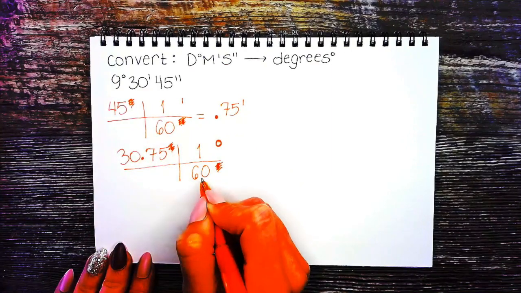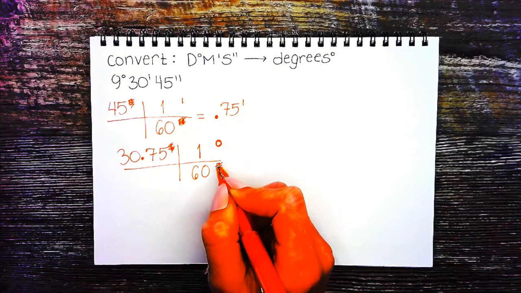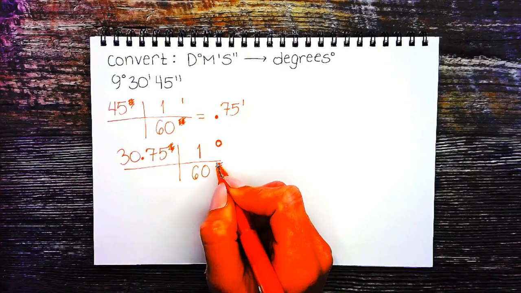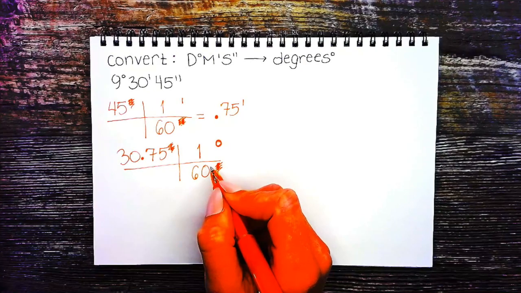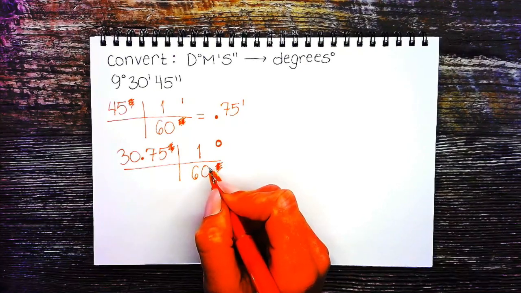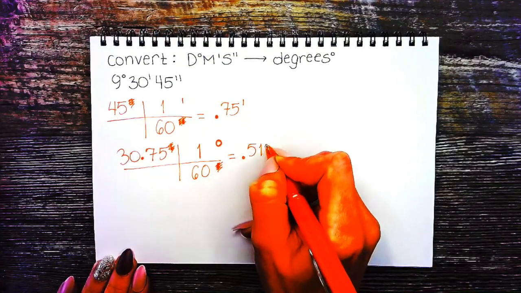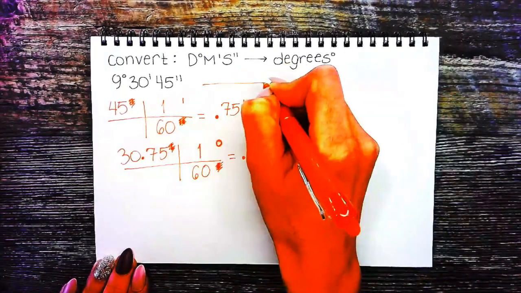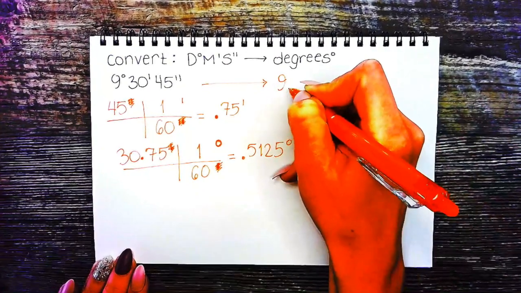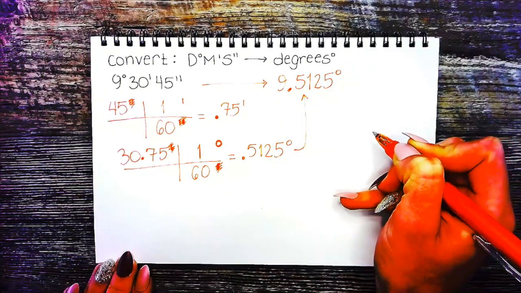All we need to do is divide by 60, because multiplying by 1 means nothing to me right now. 30.75 divided by 60. Even before you type that in your calculator, you should realize that it's going to be a little bit more than 0.5. Does that make sense? We will get 0.5125 degrees. Our final answer is 9.5125 decimal degrees.